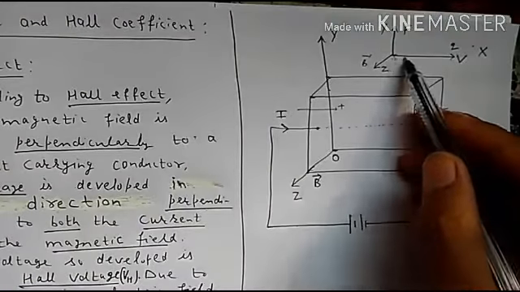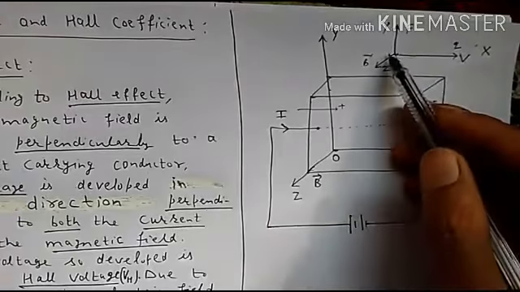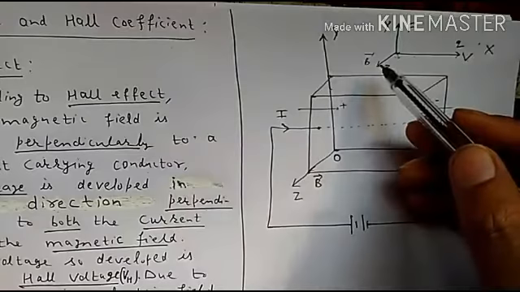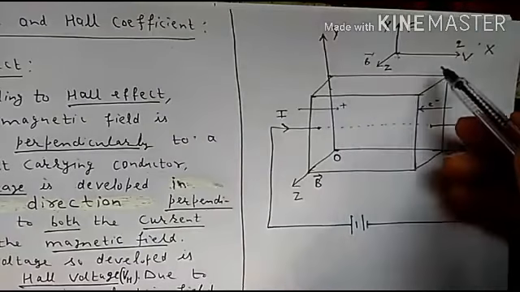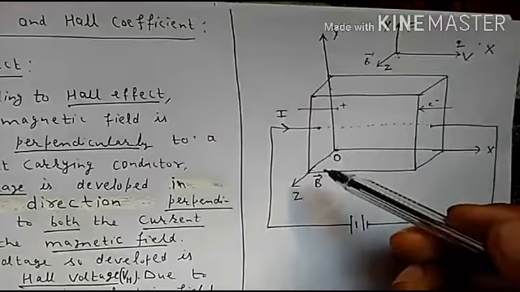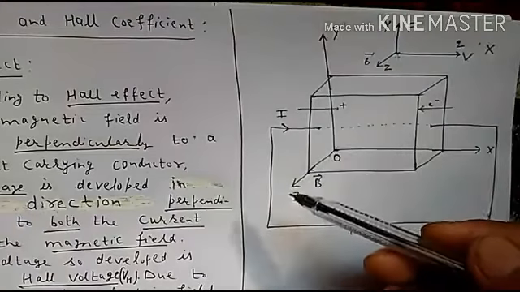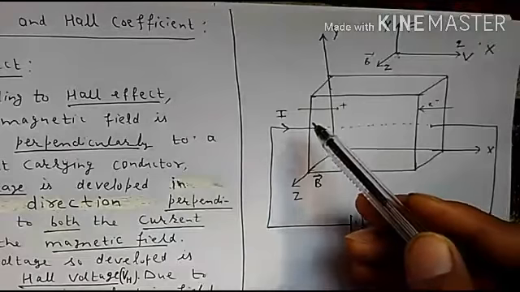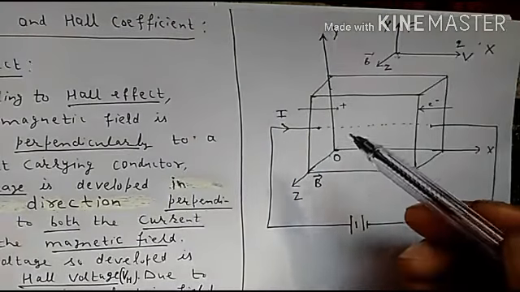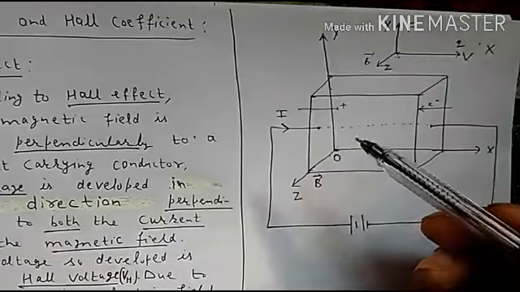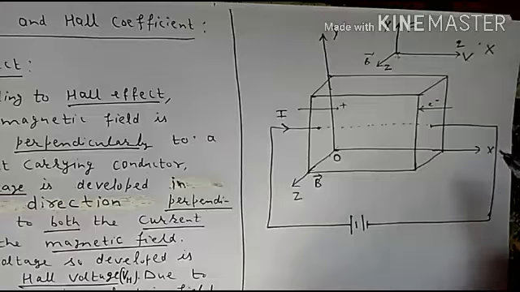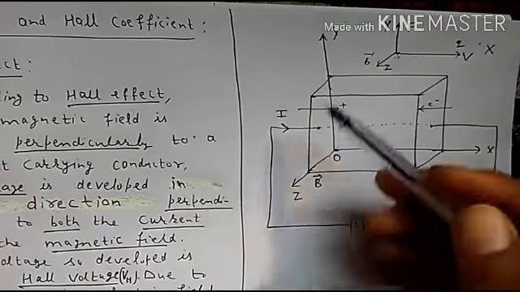Charge is moving along positive x-axis, magnetic field is along positive z-axis, then force is perpendicular to both the z-axis and the x-axis, that is along y-axis. Now in this case the magnetic field is along z-axis, positive charge is moving along positive x-axis, so the charge will experience a force perpendicular to both x-axis and z-axis, that is along y-axis.